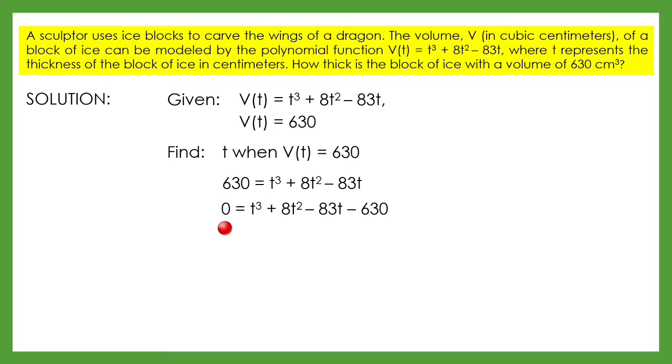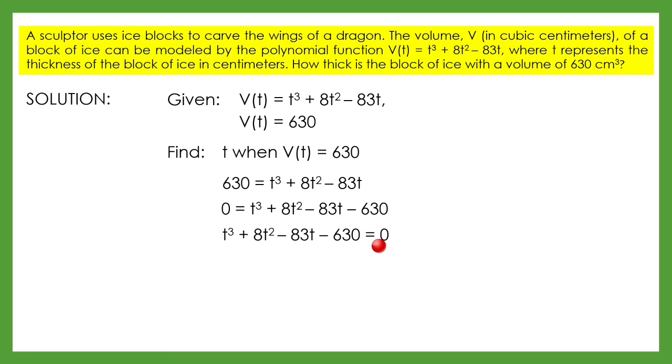So, we have 0 equals t cubed plus 8t squared minus 83t minus 630. And then, apply natin symmetric property. Pagpalitin natin ng pwesto. So, we have now t cubed plus 8t squared minus 83t minus 630 equals 0.